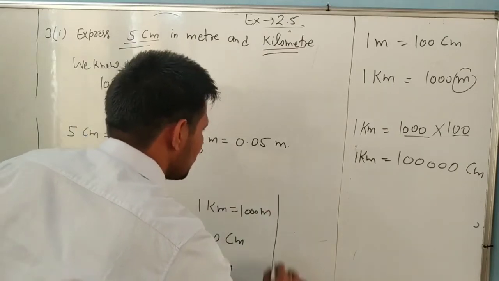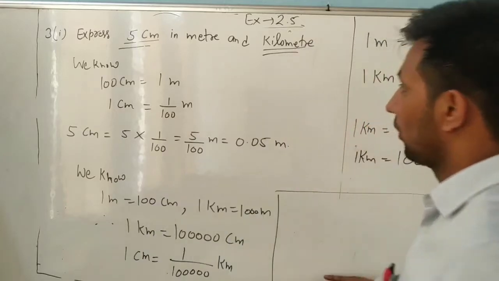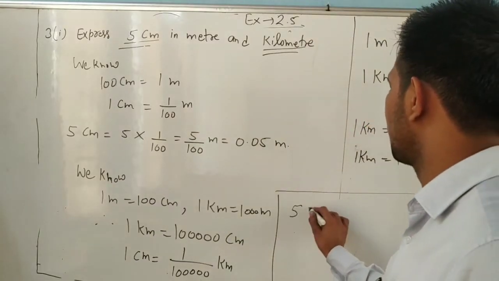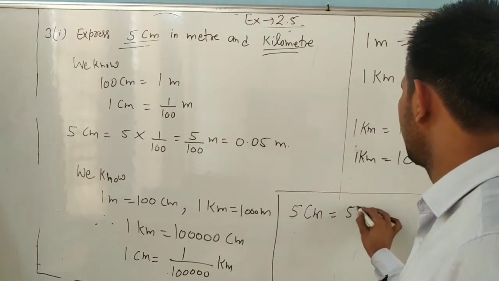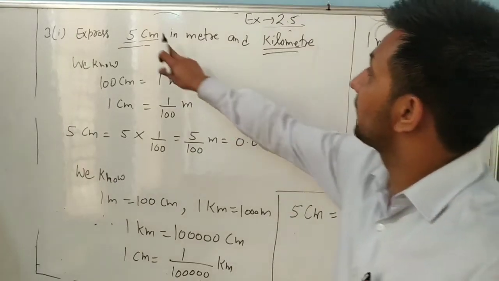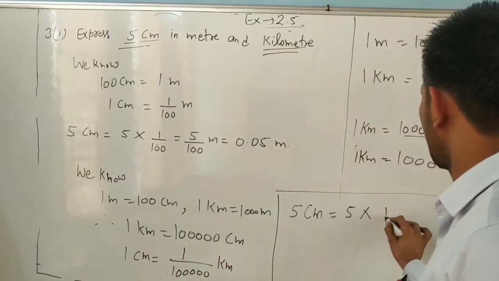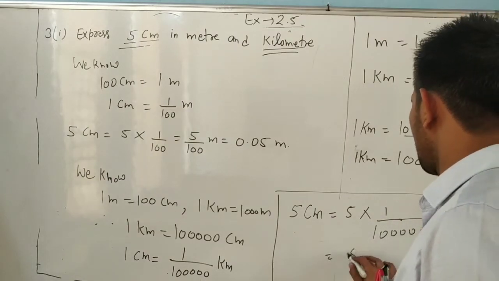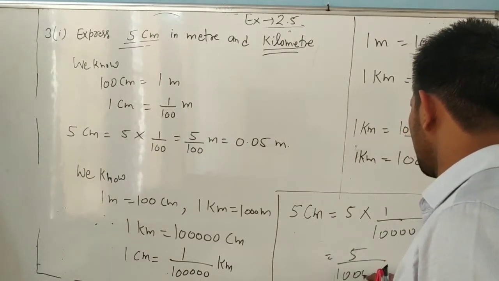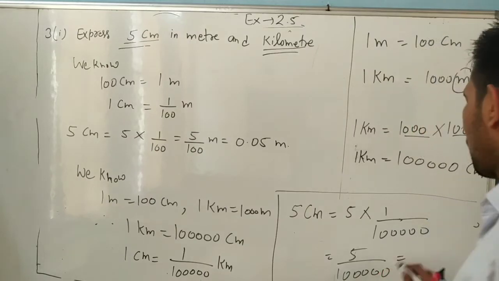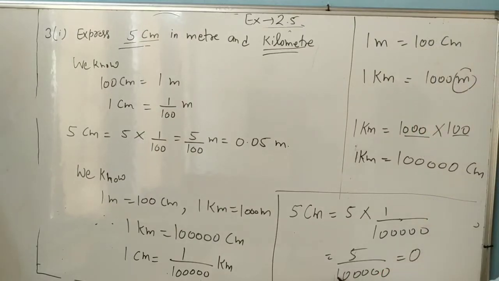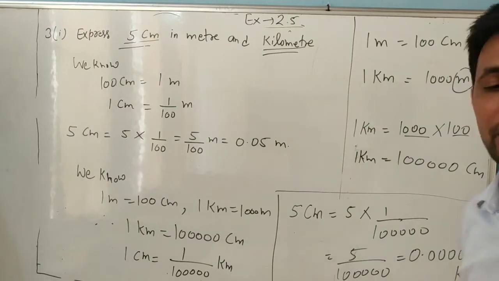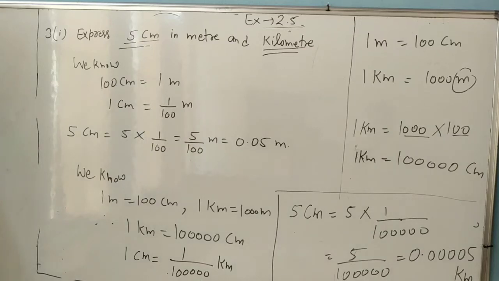So you can find now, look at, 5 centimeter equal to 5 into 1 centimeter equal to how many kilometer? 1 by 1, 2, 3, 4, 5. 5 upon 1, 2, 3, 4, 5. So how many zeros after decimal? 5. 1, 2, 3, 4 and 5. It is kilometer. It is your answer.